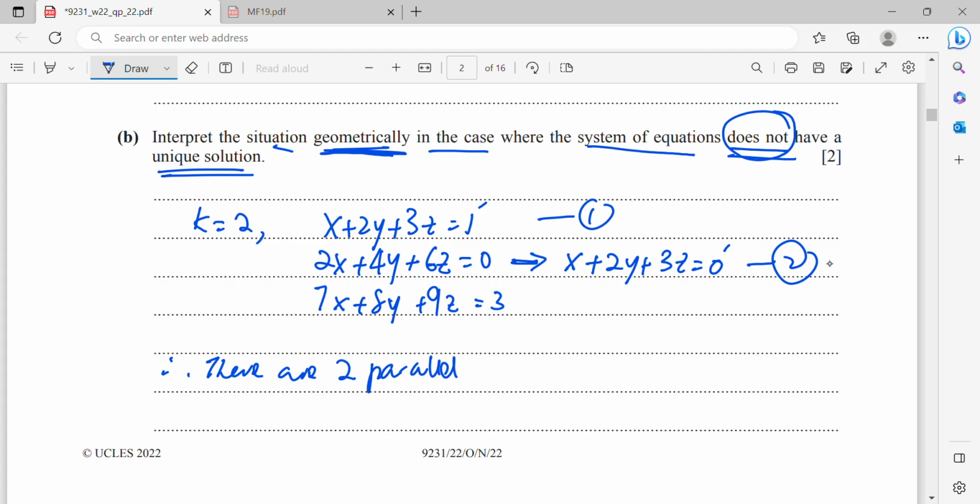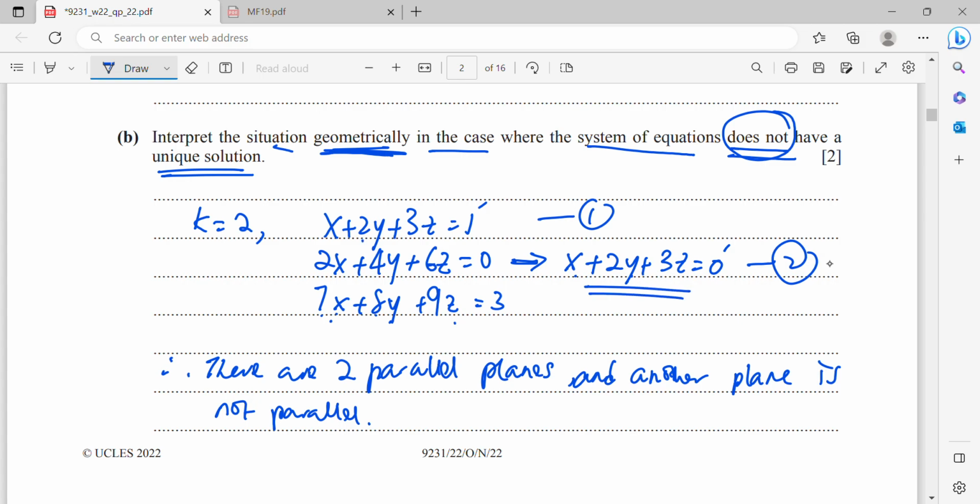Or two parallel planes, I would say planes because it is 3D, x, y, and z. Two parallel planes. And then the other one will be different because the coefficients will be 7, 8, and 9, so that plane is not parallel. But from the parallel planes, you can further explain.